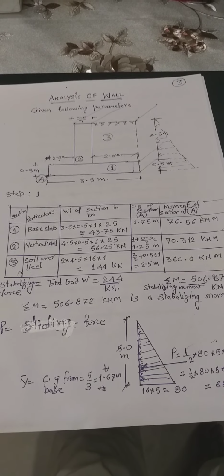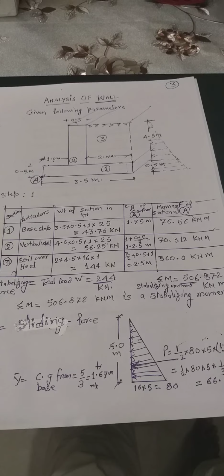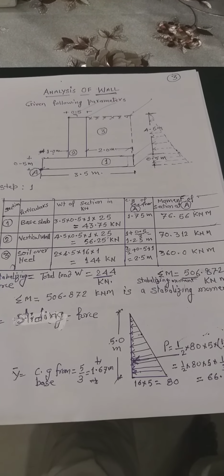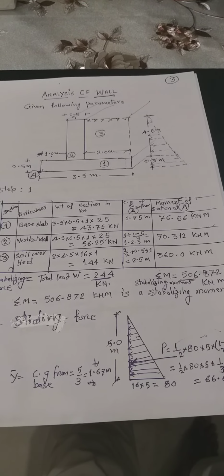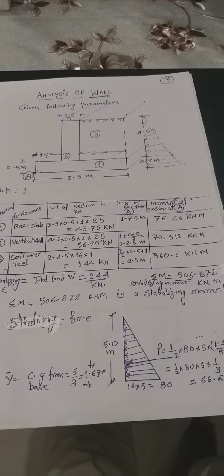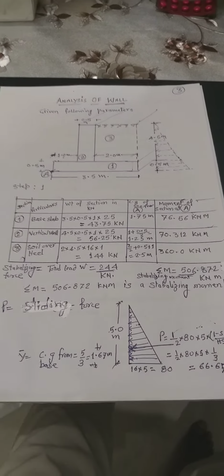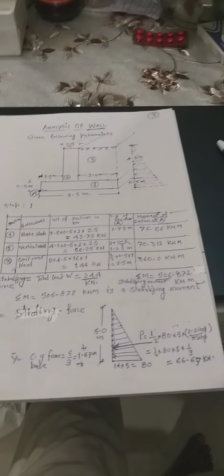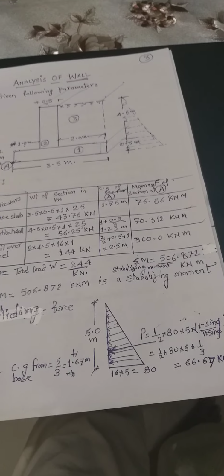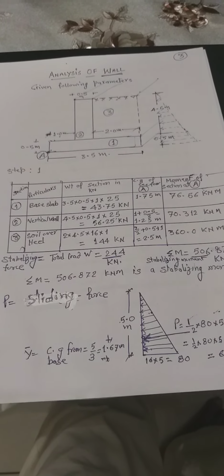If we add the column number 3, we can find out the total load acting downward, it comes out to be 244 kilonewton. That is summation of earth, stem and base. Similarly, the moment of all the three components when added together, the total moment comes out to be 506.872 kilonewton meter.